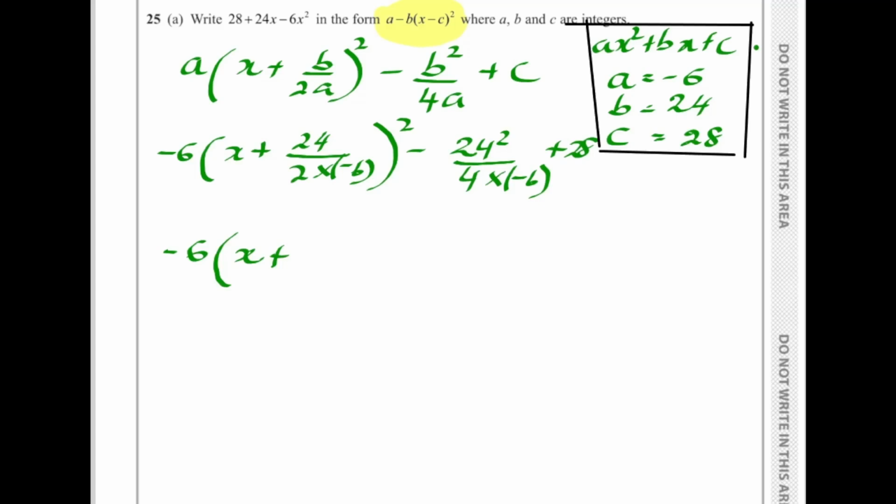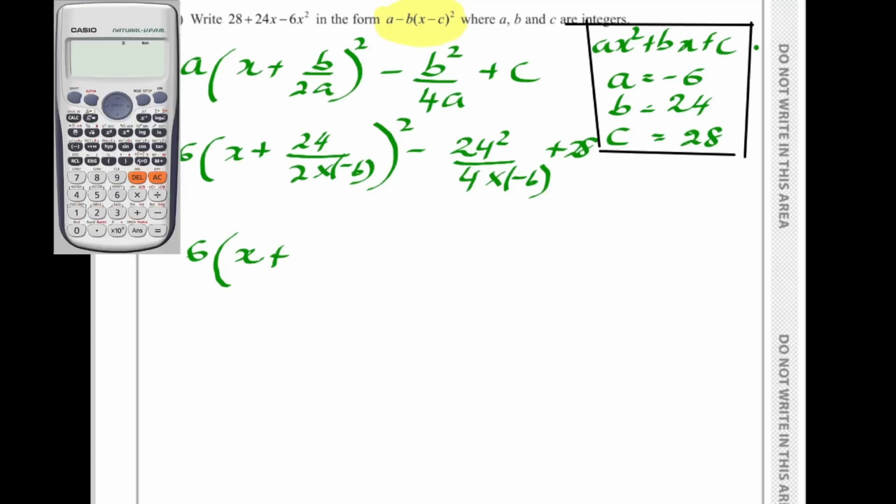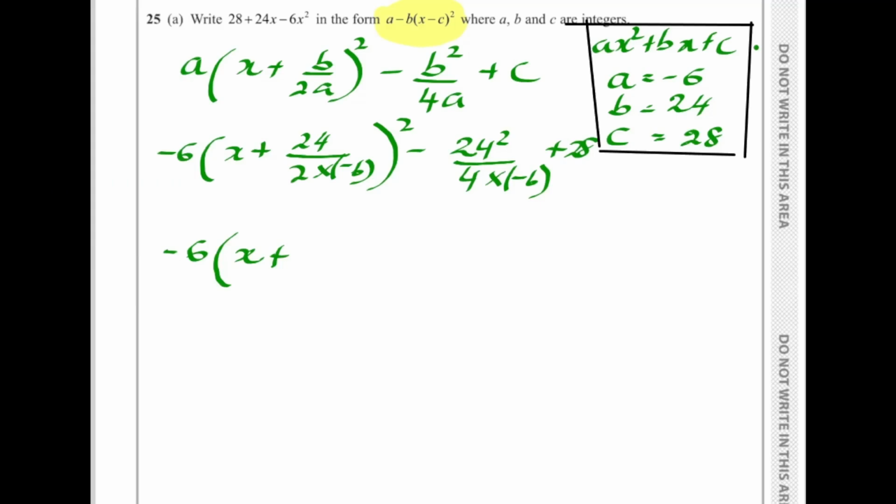Let's see what the calculator says. 24 over 2 into minus 6. Let's see what the calculator gives us: minus 2. So x minus 2, the whole thing squared.